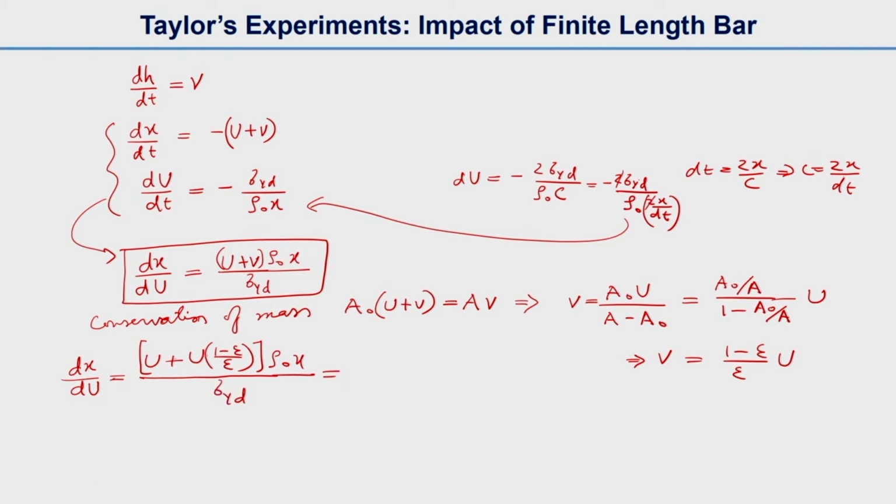This part, u plus u (1 minus epsilon) divided by epsilon, will give us u by epsilon, and then finally the expression will be rho naught x u over sigma yd epsilon. So we can write dx by x equal to rho naught u du over sigma yd epsilon.